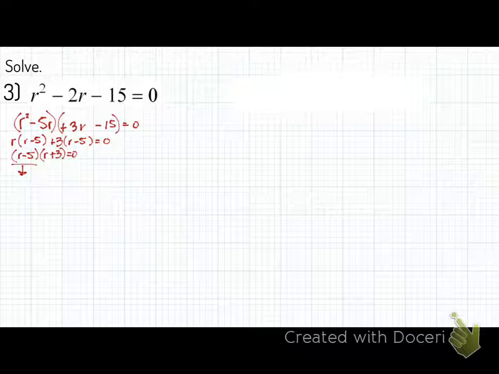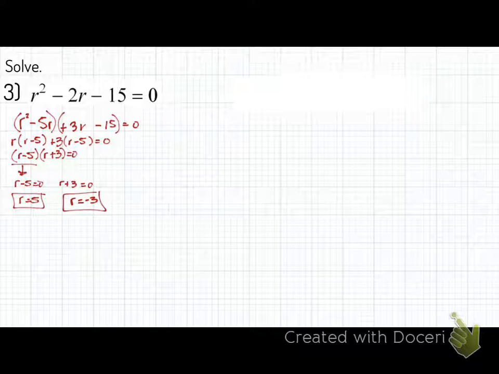Zero product property, you got r minus 5 equals 0, and then you got r plus 3 equals 0. So r is equal to 5, and r is equal to -3. Okay? Some of you said -5. Is -5 a correct answer? No.